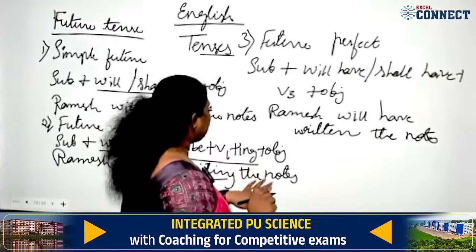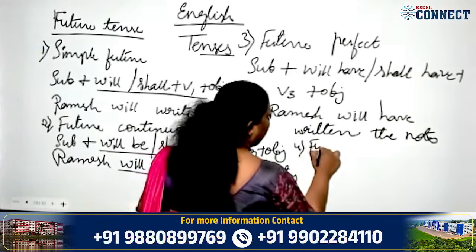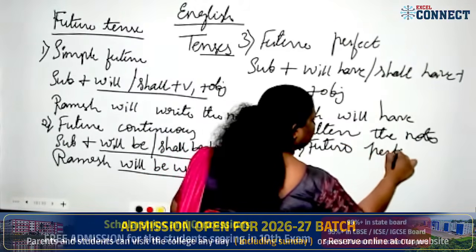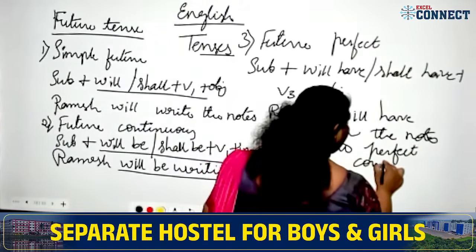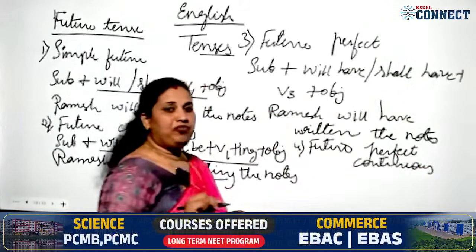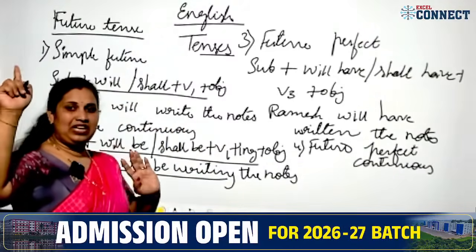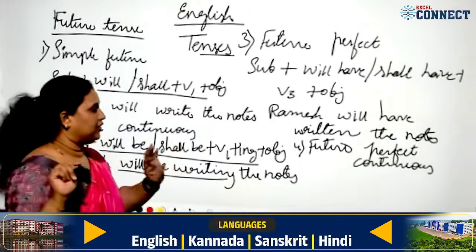And the last one is future perfect continuous tense. And future perfect continuous tense, the same. The action will perfectly start in the future and there will be a continuation in the action.